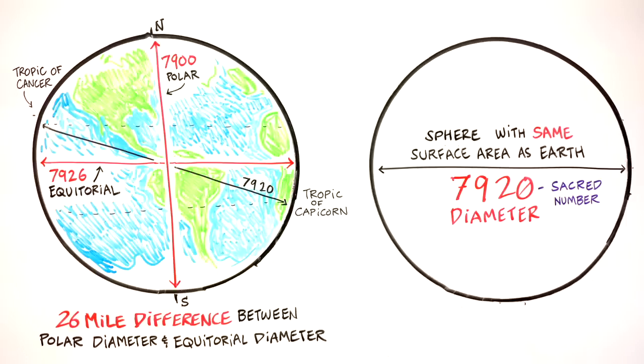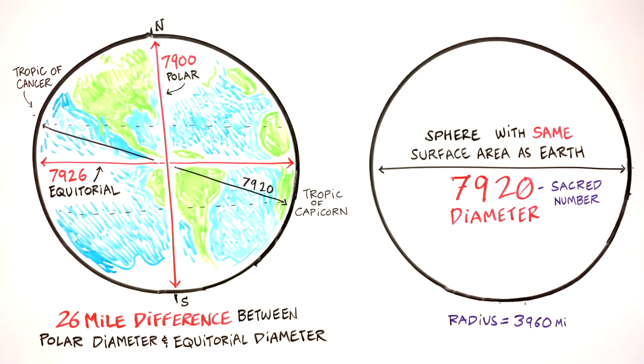We also find that if we take a perfect sphere that has the same surface area as the Earth actually has, its diameter would be 7,920 miles. So that's the number we use for the Earth, which means that its radius is half that, or 3,960.